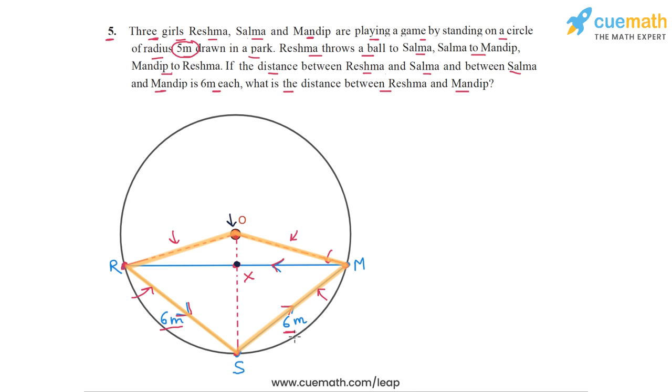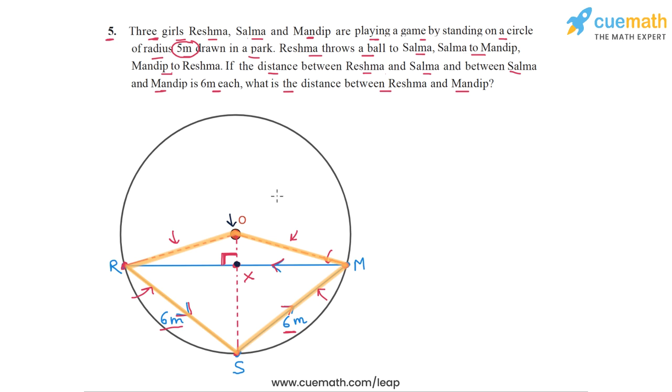So ORSM, this quadrilateral, is basically a kite. A kite is a quadrilateral in which both pairs of adjacent sides are equal, and in any kite the diagonals are perpendicular to each other. So in this case OS and RM will be perpendicular to each other like this. So that's the first step in our reasoning.